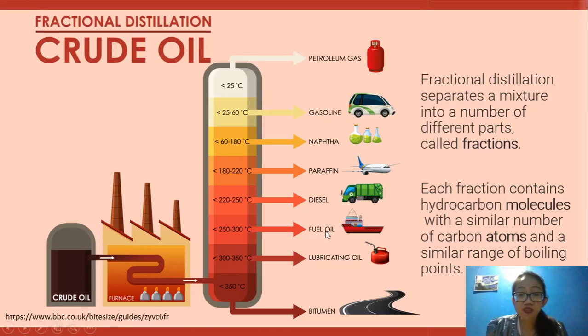Okay, next, to power our tankers or our boats, you have your fuel oil. Next, lubricating oil. So when your door or your gate is creaky, that's actually what we use, your lubricating oil. And then finally, the heaviest of the hydrocarbon chains, we just use them to form our road.